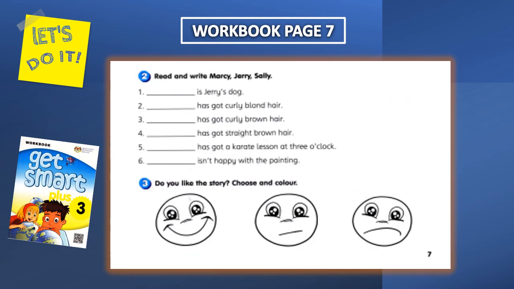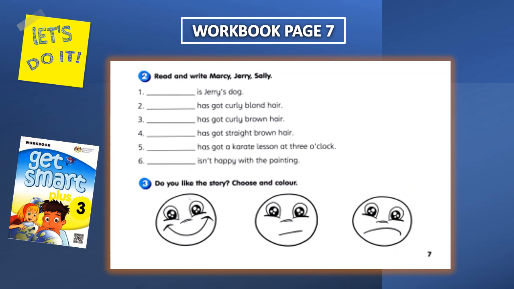Next one is read and write Marcy, Cherry, and Sally. For this one, you have to read and then look at the book again. Refer to your textbook to find out the answer, okay? Can you tell me the name of Jerry's dog?